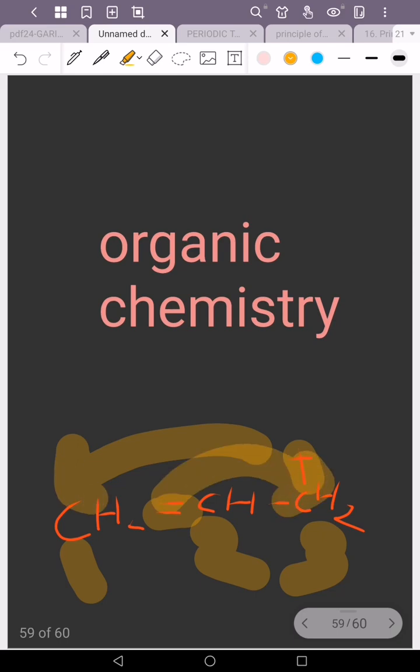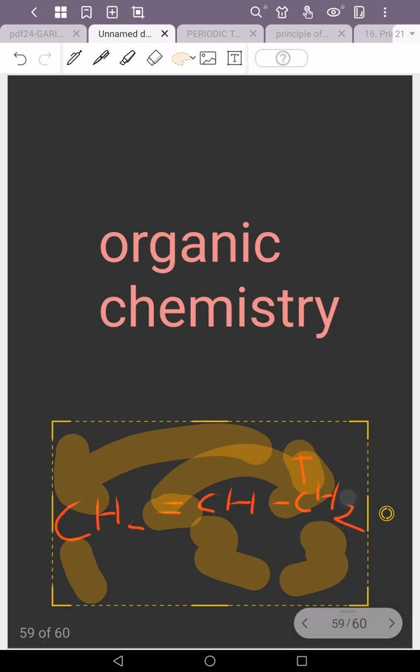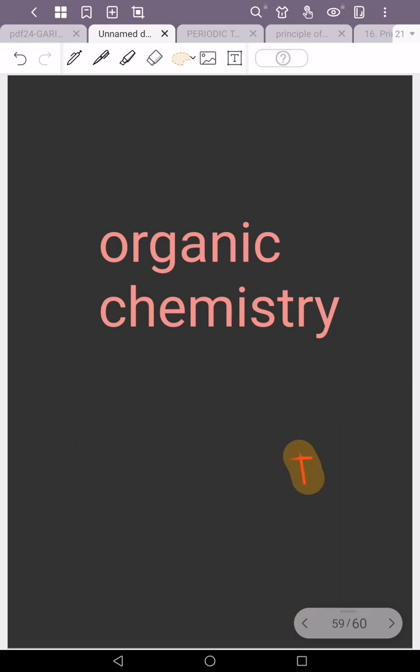So this tells about the resonance structure. So this is the trick. Okay.